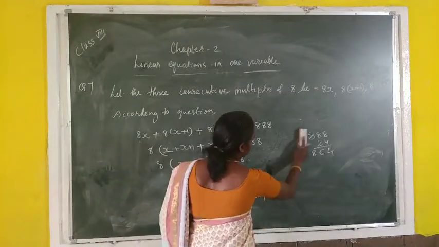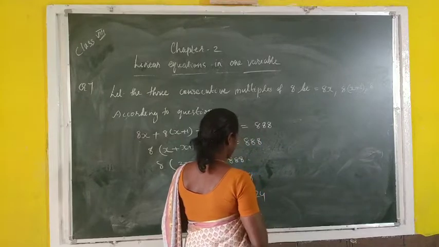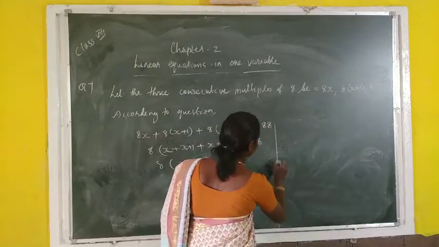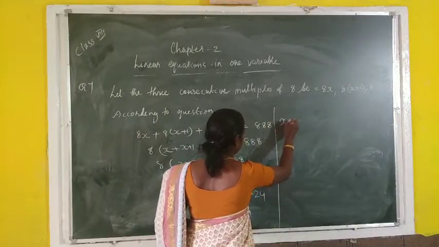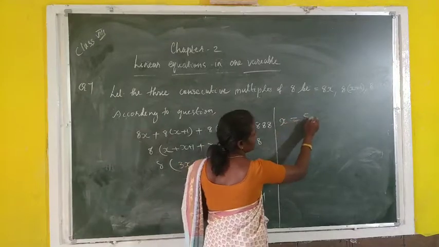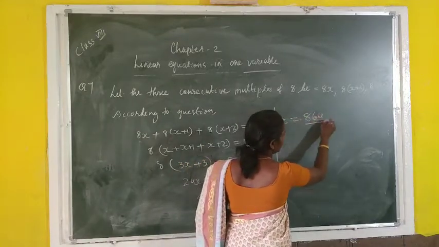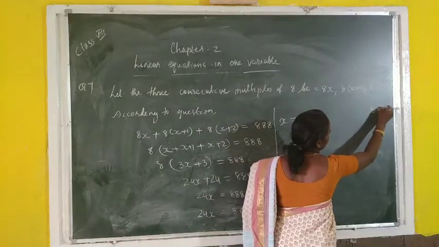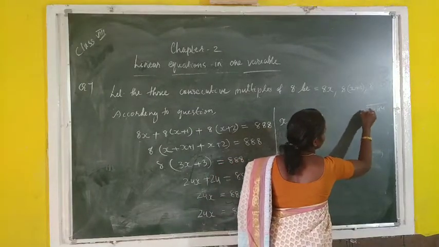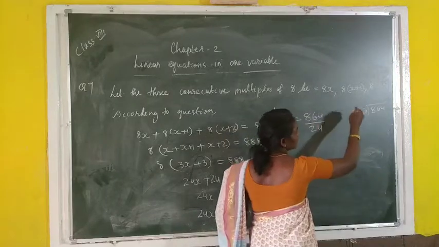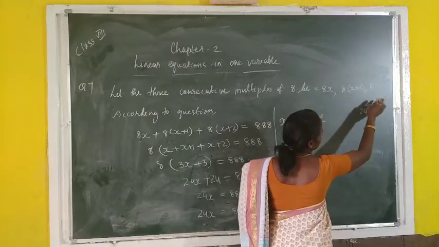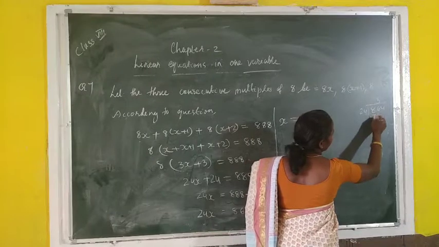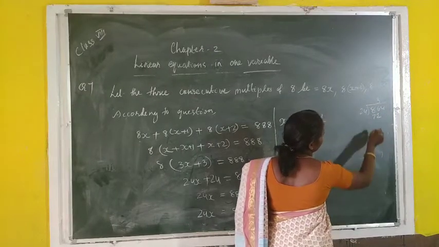Then what is x? Then x is equal to 864 divided by 24. How many times? About 3 times. 24 3s are 72.